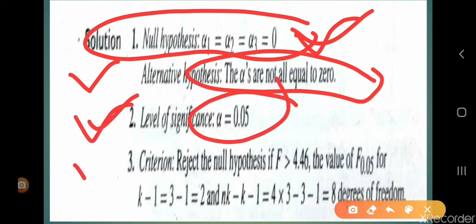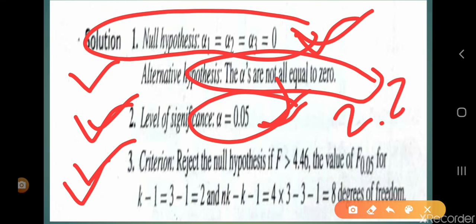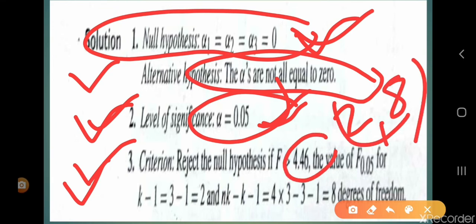The rejection criteria will be at given significance level and 2,8 degrees of freedom. So the value will be 4.46 at these degrees of freedom. So 4.46 is the critical F value. If our F ratio comes out to be greater than 4.46, then we can reject our assumed null hypothesis. Otherwise we have to accept it.